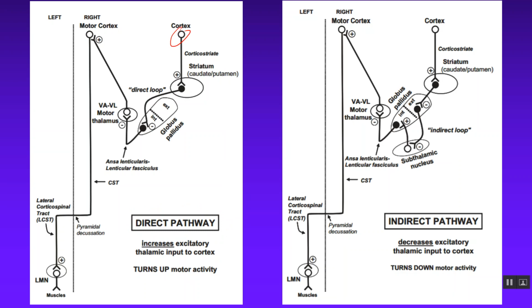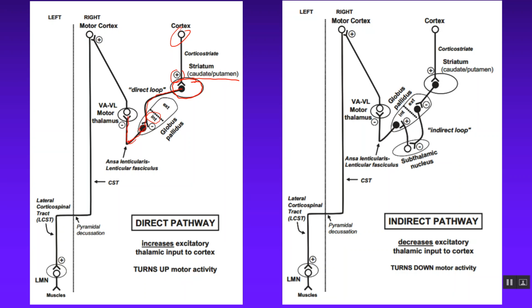So here's your cortex. This is the striatum, which is your caudate and putamen together. So that's what they're showing, caudate, putamen. The excitatory connection of the direct loop goes right to the internal segment of the globus pallidus. And directly from the internal segment, it goes through a part of the brain called the ansa lenticularis.